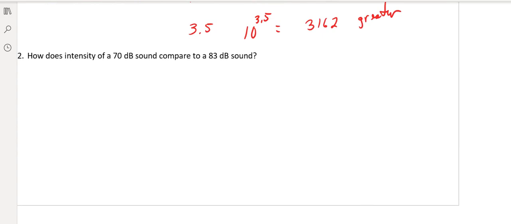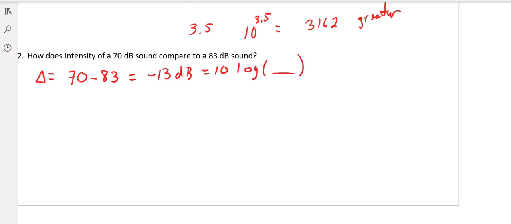One more, we do 70 decibels compared to 83. We take that change, which would be 70 minus 83. That is going to be a negative 13 dB, which will be 10 times the log of what we're looking for. Divide both sides by 10, and I get negative 1.3. So what I'm after is 10 to the negative 1.3 power, which we know is going to be a small number.